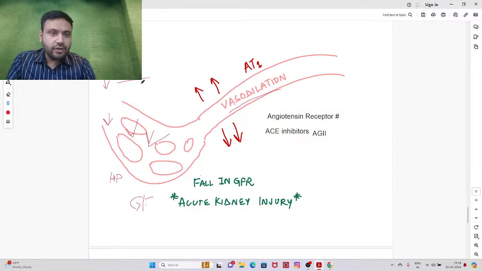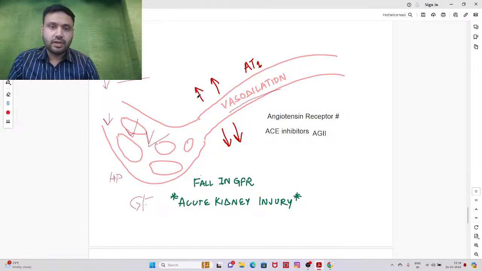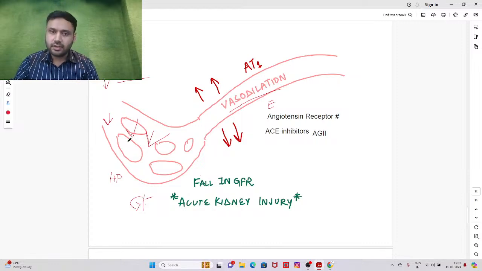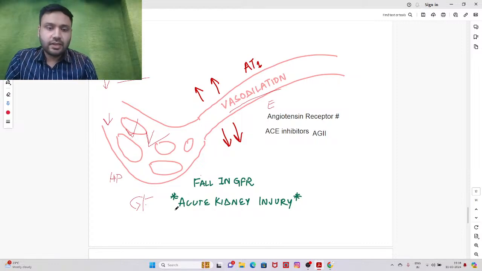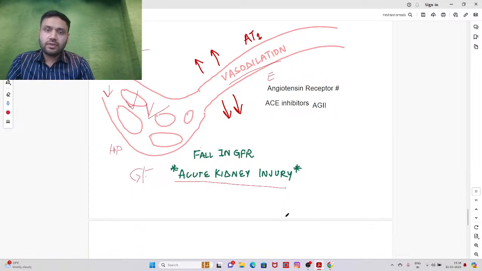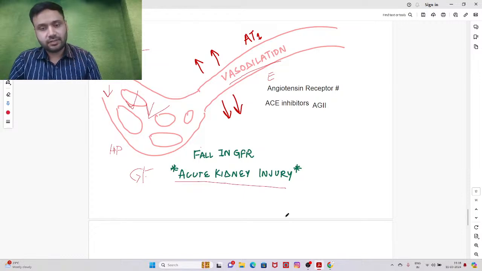So if you give an already compromised glomerulus an angiotensin receptor blocker or ACE inhibitor, it will cause vasodilation in the efferent arteriole, which will further decrease the filtration pressure here and shut down the kidney. And where would it land? Acute kidney injury. So this is one of the important effects of angiotensin receptor blockers and ACE inhibitors.